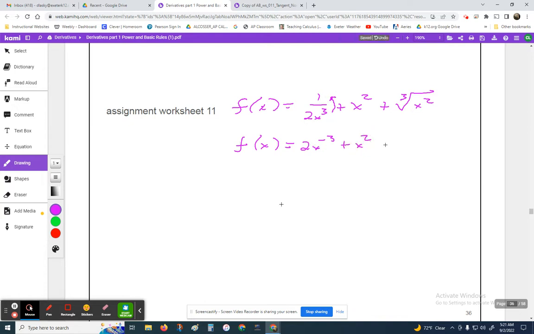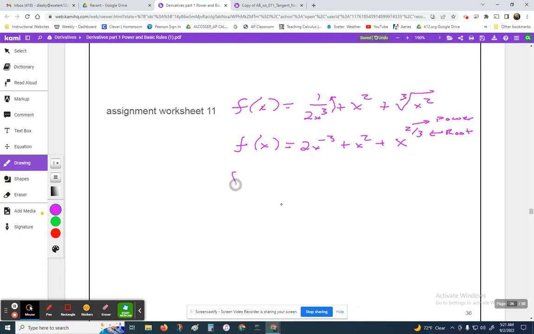I got x squared. This one I have to change into a radical form here. This number is always on the bottom and the power stays on top. So this just changes into x to the 2/3. That's always the root, and this is always the power when you write those. So now I've got this beautiful little ugly thing here.